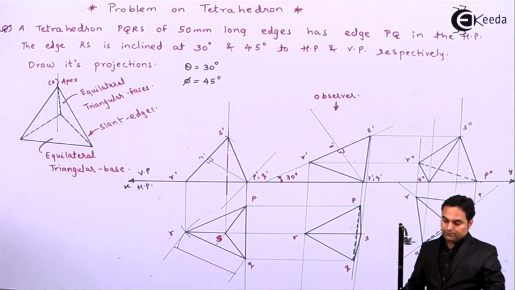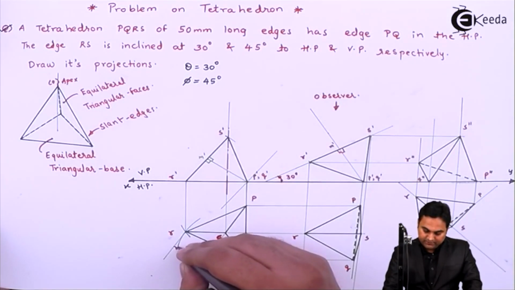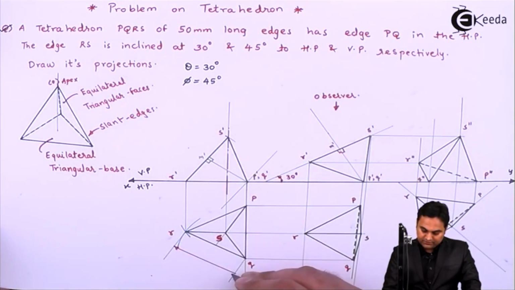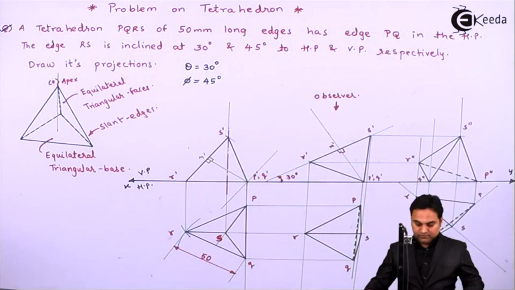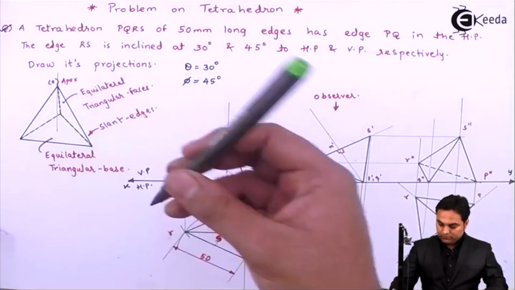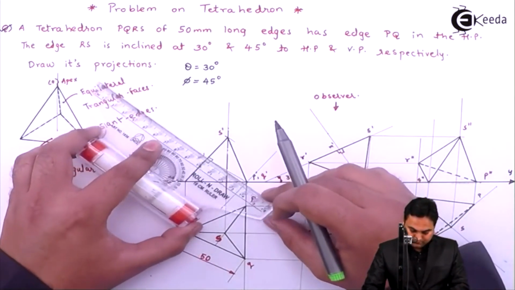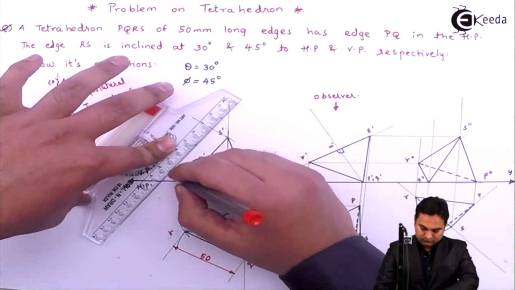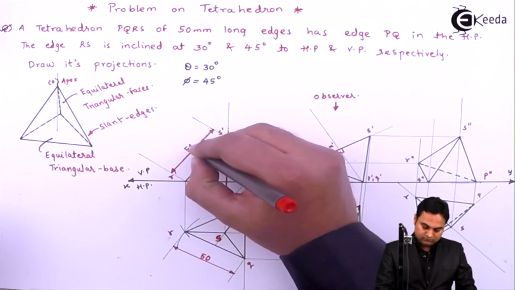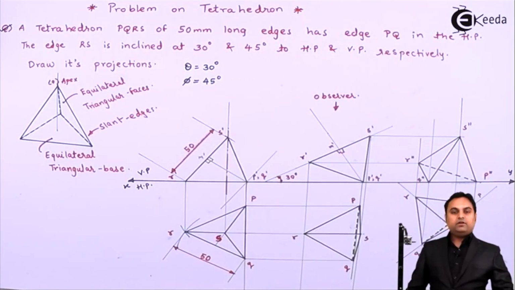RS is equal to, that will be the same, it is 50 mm, and here this is RQ, 50 mm side. Then the true length, and with this we complete the problem.